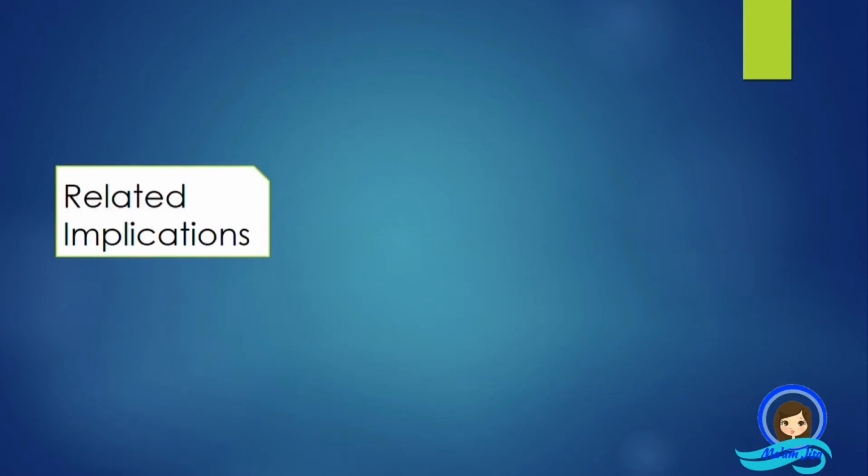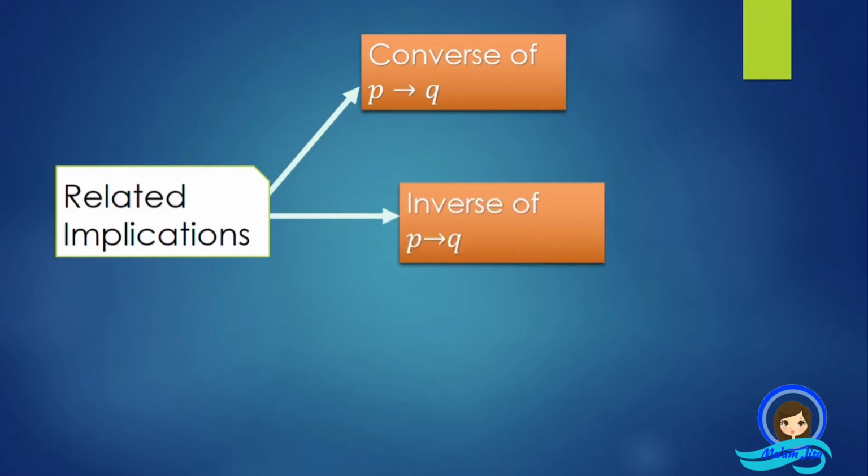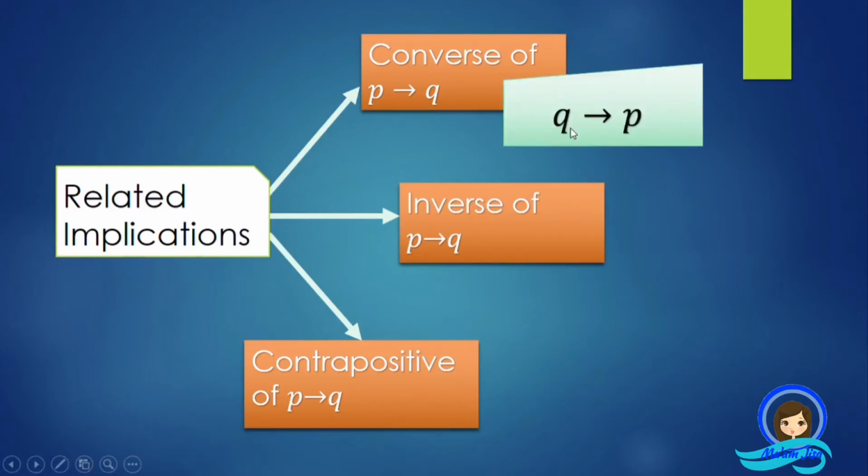So, let me go back to my question earlier. What are the different forms of conditional proposition? These are the following. We have its converse, inverse, and contrapositive. For the converse of a conditional P implies Q, it is just done by switching the positions of the propositions.